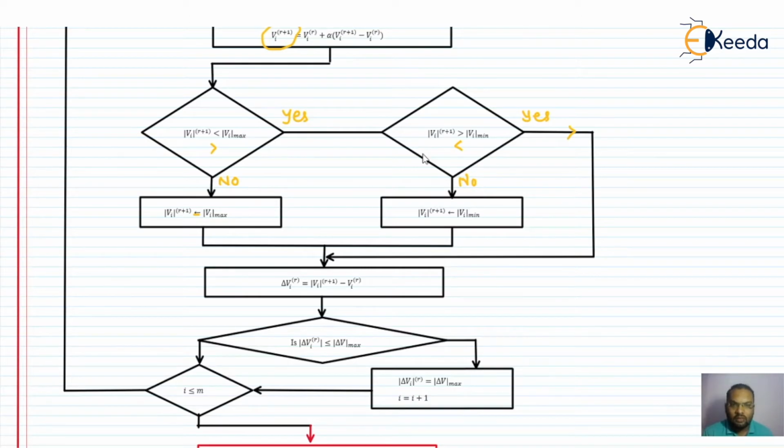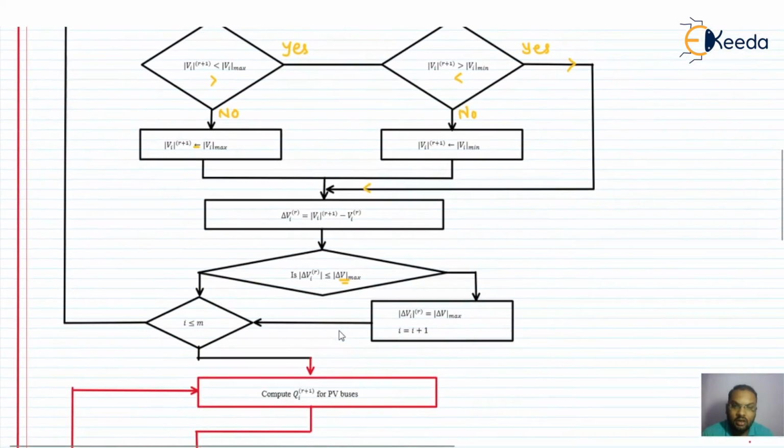Even if both the conditions are satisfied, then also you have to come to this step. Here you compute this difference, and after that you check this difference with the maximum difference allowed. We can continue the iteration process till this difference is smaller than or equal to this specified value.